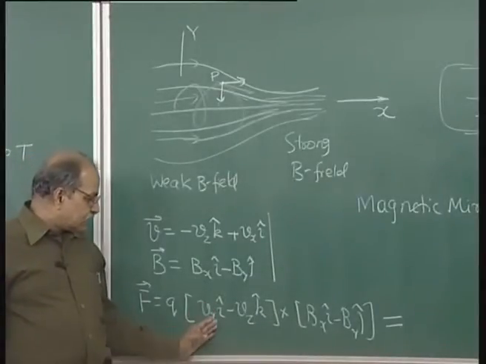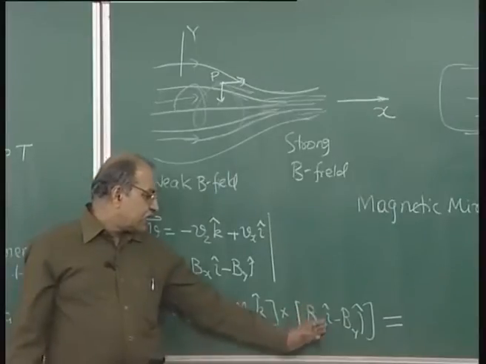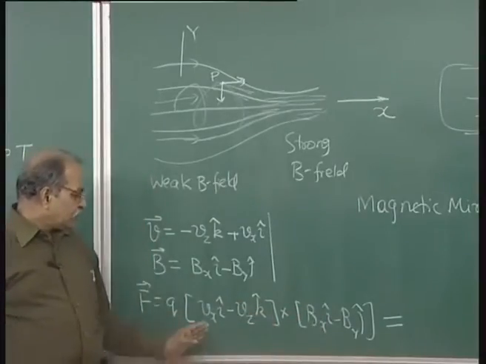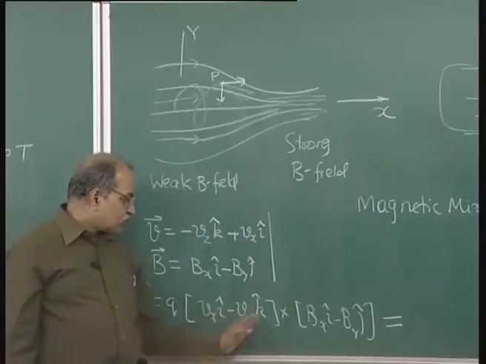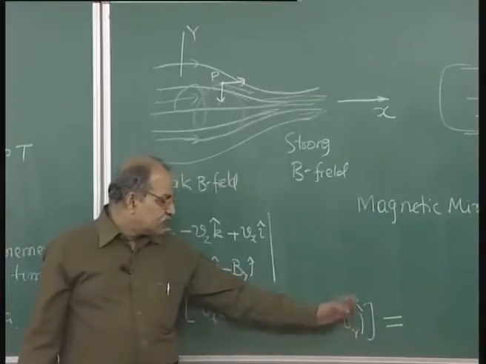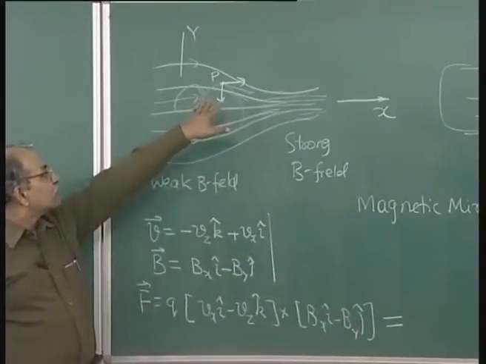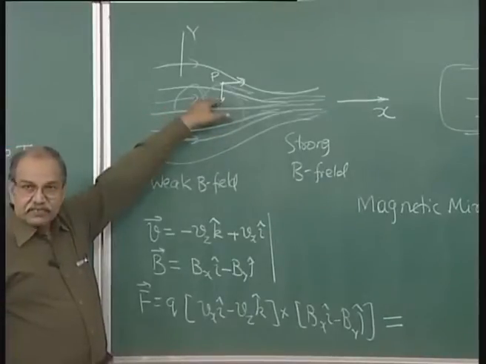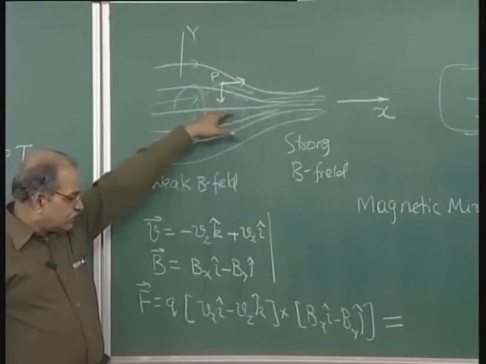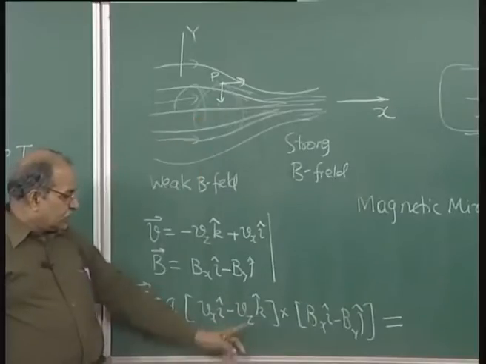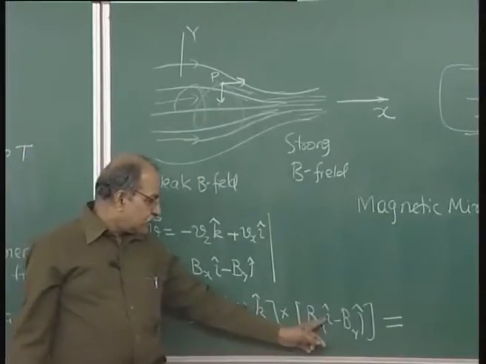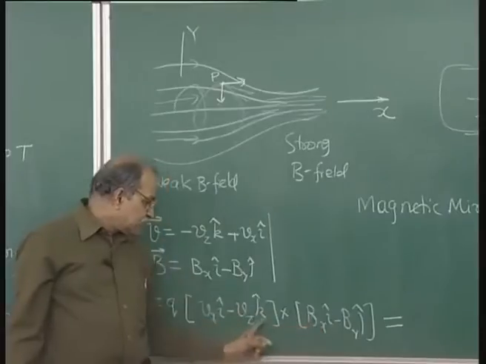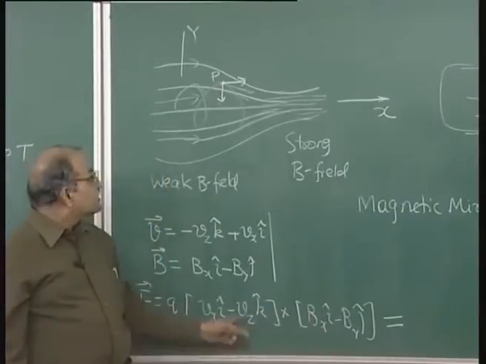This i cap cross product with i cap gives me 0. This i cap cross product with j cap gives me k cap. So, there is a force in k cap direction. So, that component will change. Now, here k cross i is j cap. So, there is a force in minus j cap direction.